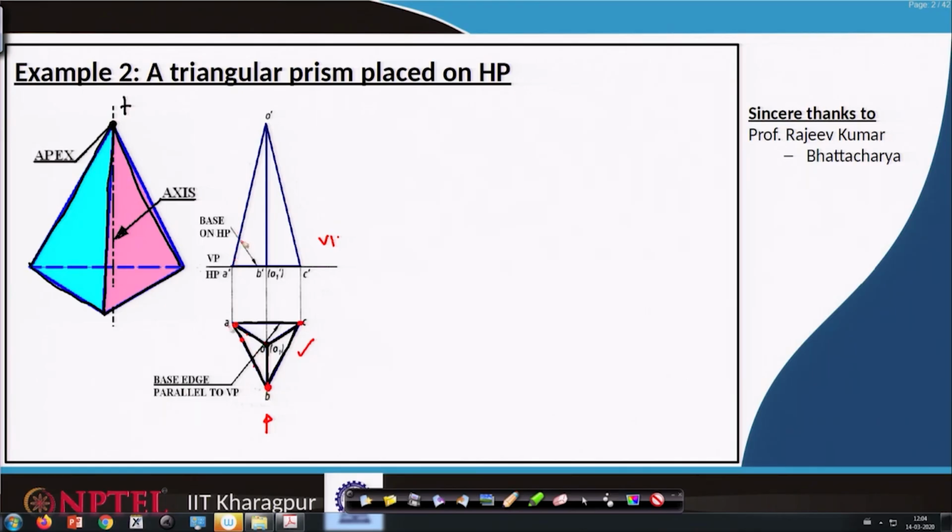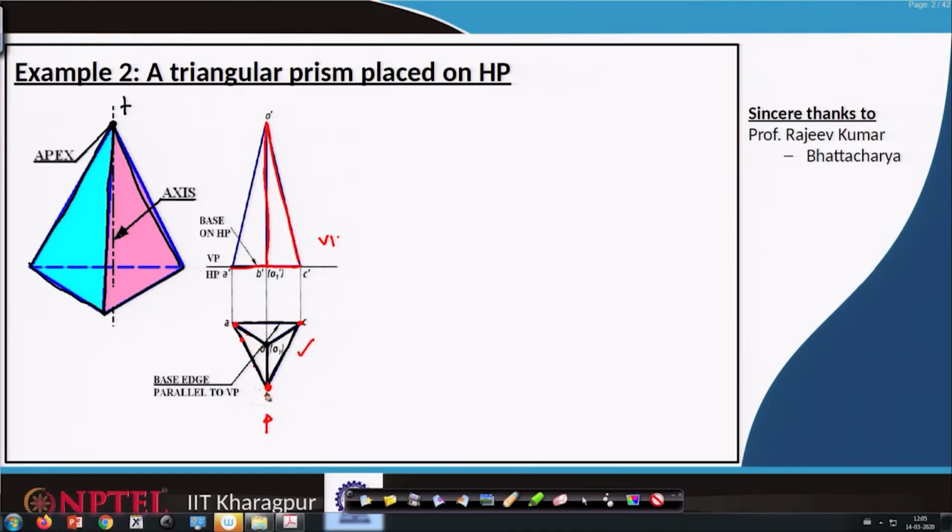So, what we will see in the front is a continuous line, this entire line goes all the way to the apex, and this entire surface maps as this surface. So, we will see a triangle, it is a surface.